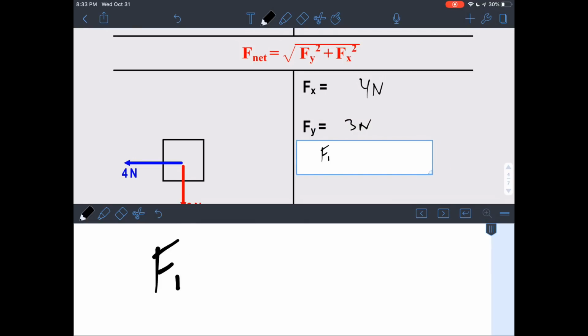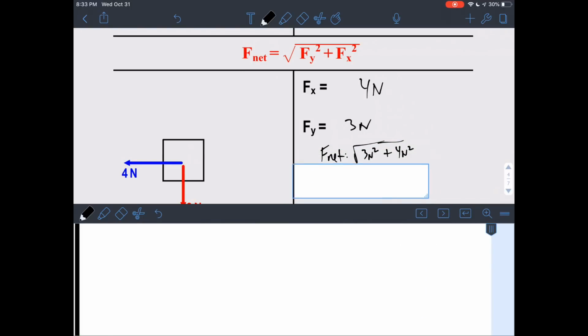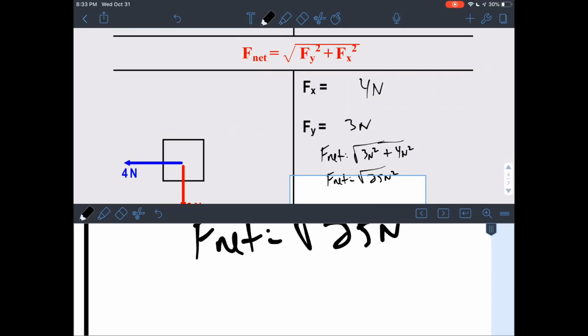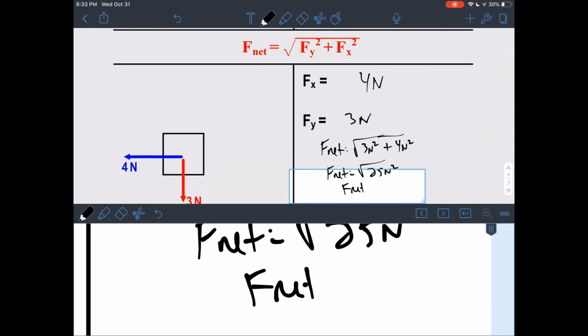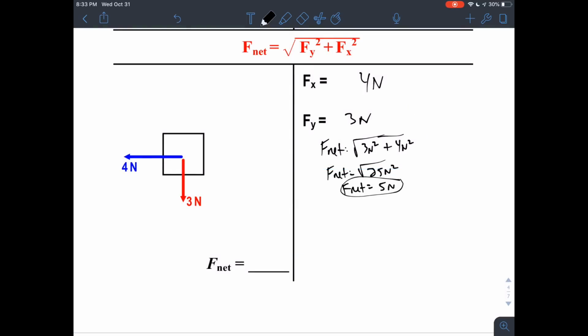So our F net is going to be the root of 3 newtons squared plus 4 newtons squared, which is F net is equal to the square root of 25 newtons squared, which is 5 newtons total for our F net. And again, the F net will be pointing in that direction, the result of doing 4 newtons to the left and 3 newtons down.